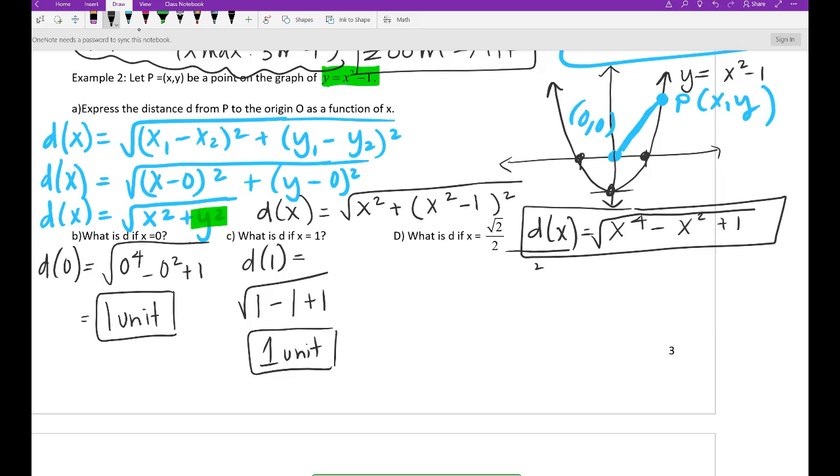Okay. Now this one's more difficult. In your team, why don't you work it out? Just leave it as an exact answer, okay?